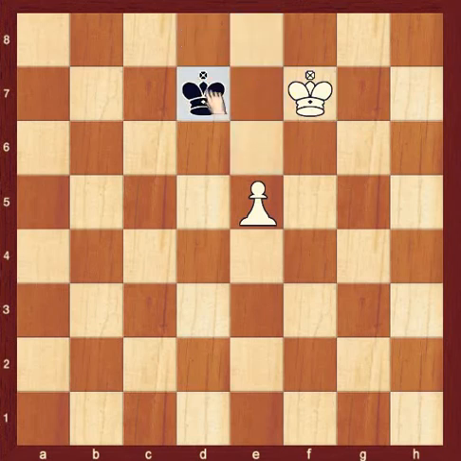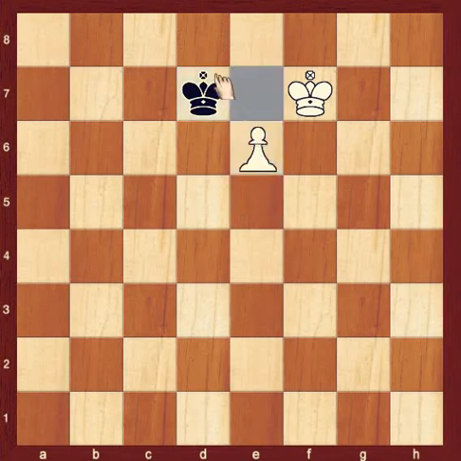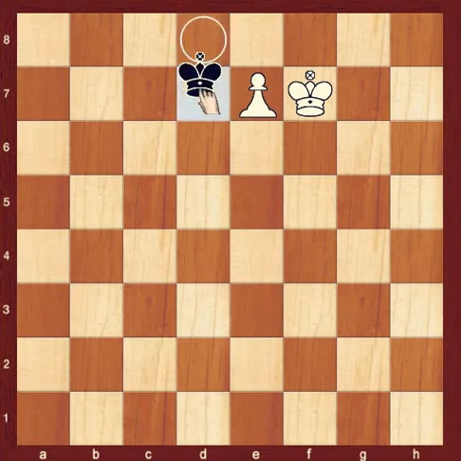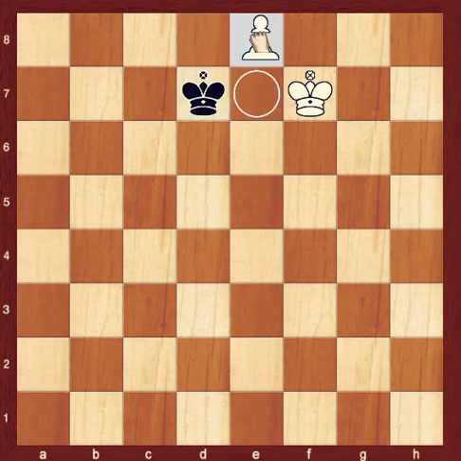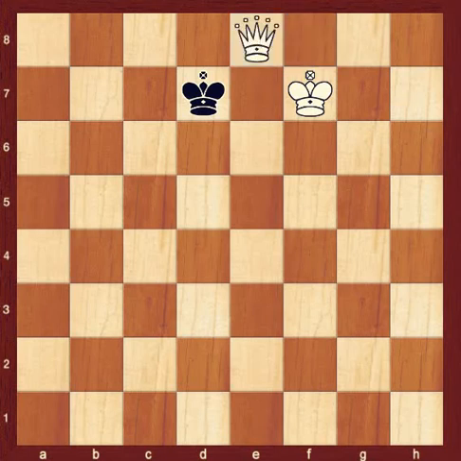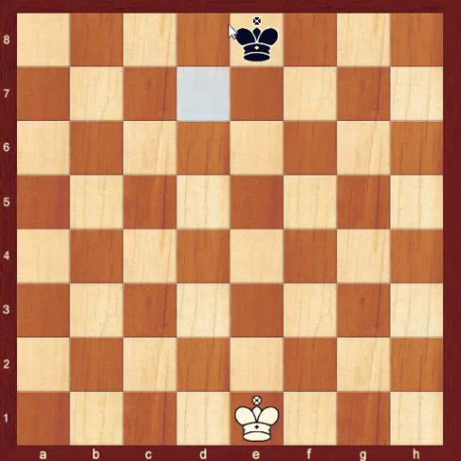Now king on d7, e6 check, king d8, e7 check, king d7, e8 making your queen, and you can simply win the game by promoting the queen. So this is vertical and this is the horizontal opposition. In such a position, what will you do?